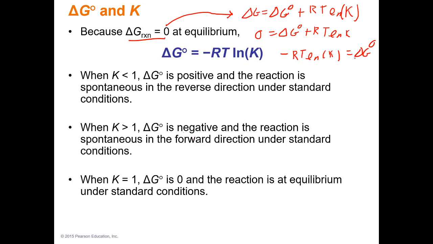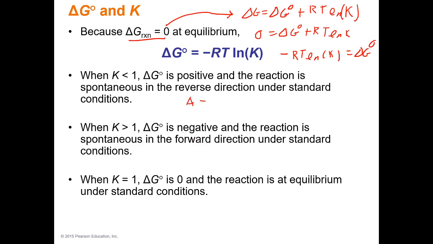And remember that when we talk about equilibrium and delta G together, this is the equation you can use to connect them. So if K is less than 1, delta G naught will be positive. And that means the reaction is spontaneous in the reverse direction under standard conditions. What do we mean by that?